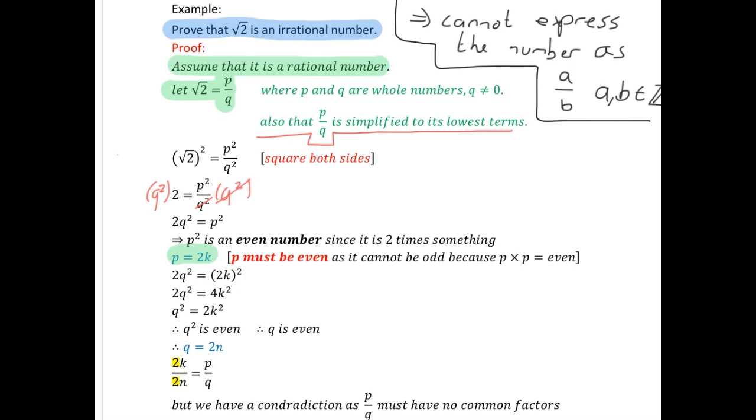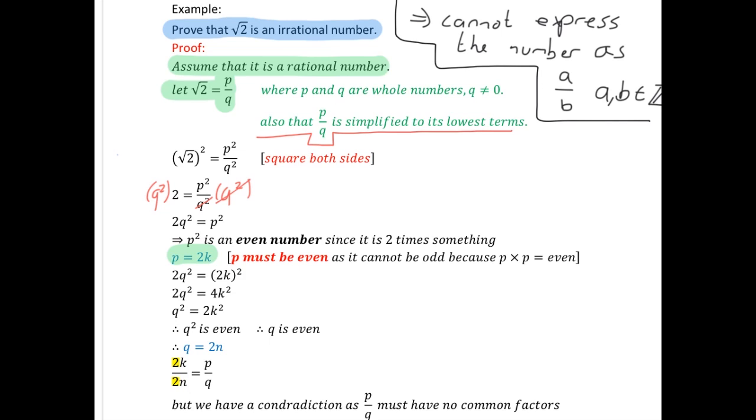Squaring out the right hand side, we have 4k squared is equal to 2q squared. So that means q squared is equal to 2 times k squared. Therefore, q squared is even because it's 2 times something, and if q squared is even, that means q is even.